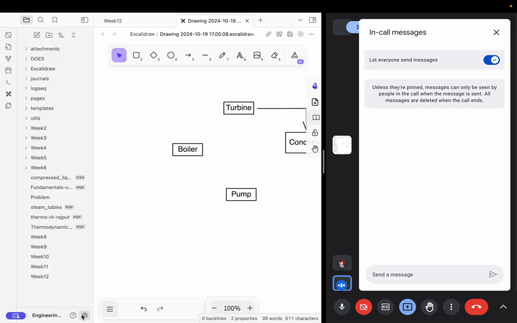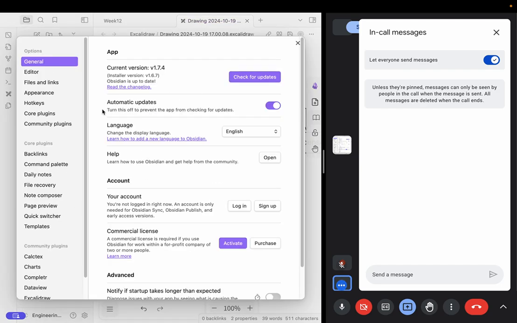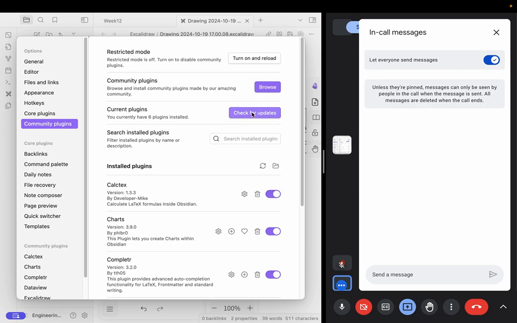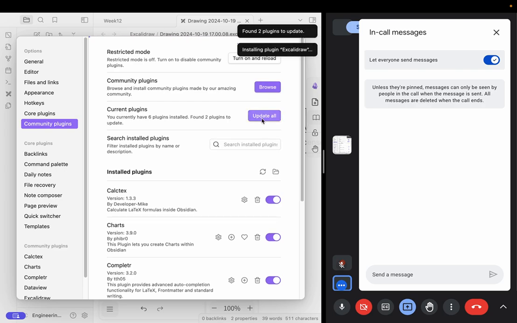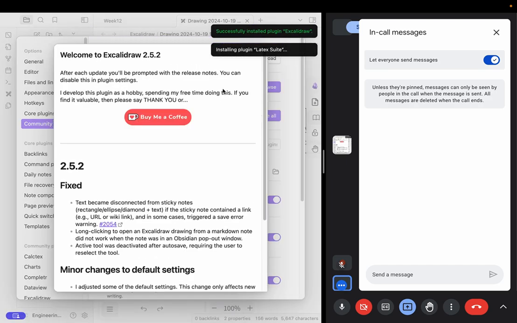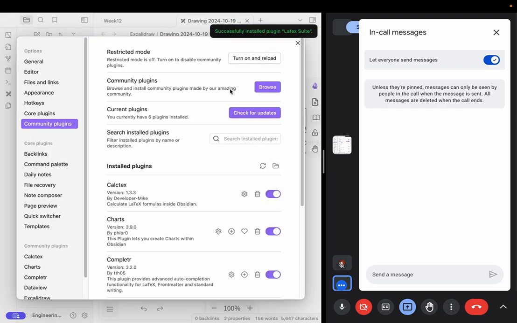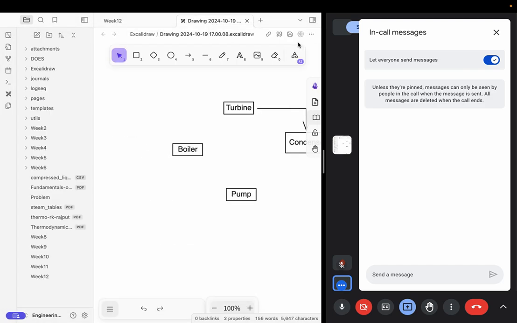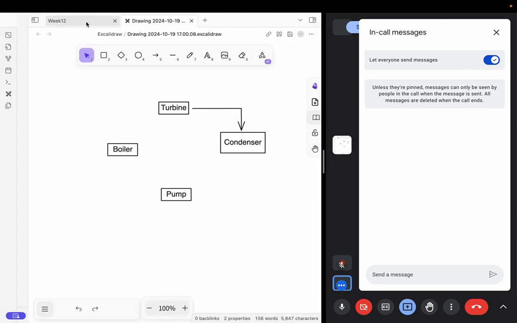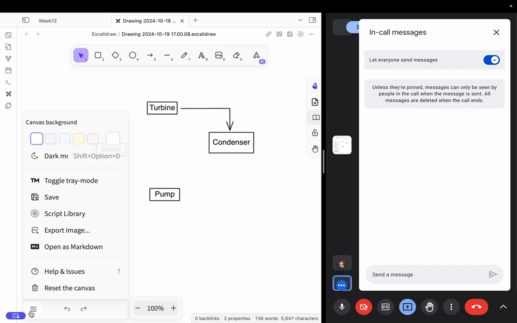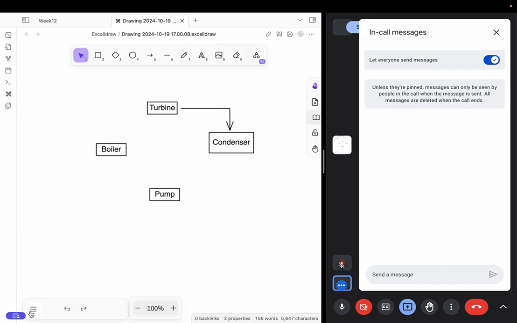Give me a second. I think there is some issue with the software. Okay, so from the condenser, you'll have another connection that goes to the pump.